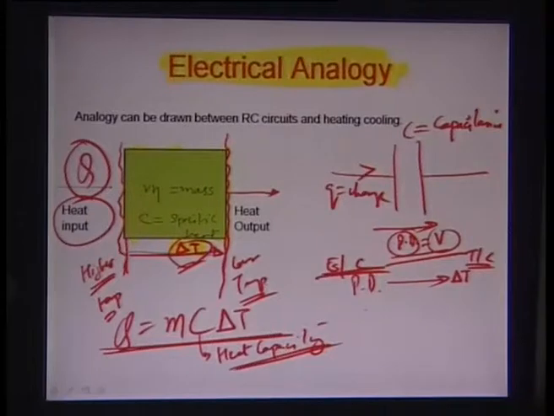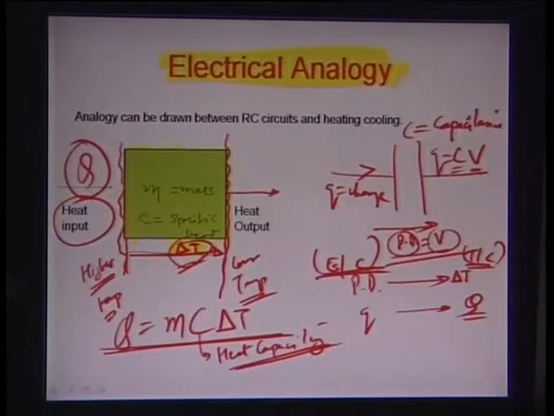The quantity in the electrical circuit which flows is the charge q, as opposed to the quantity in the thermal circuit, which is the heat Q. And so, as we know here, q is equal to C into V, the capacitance into voltage.